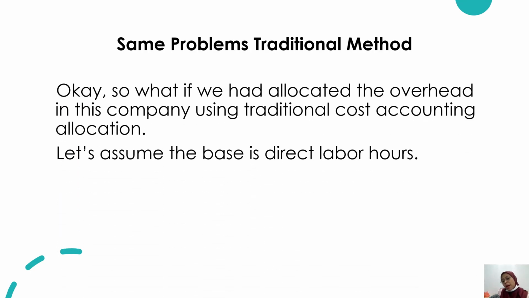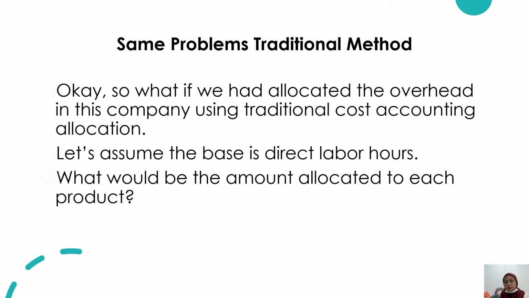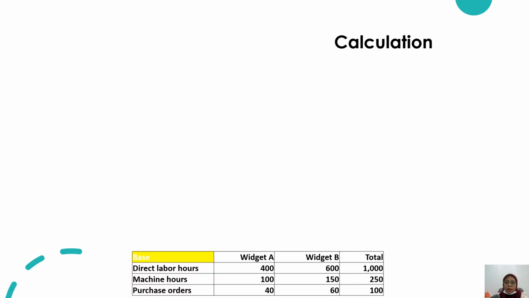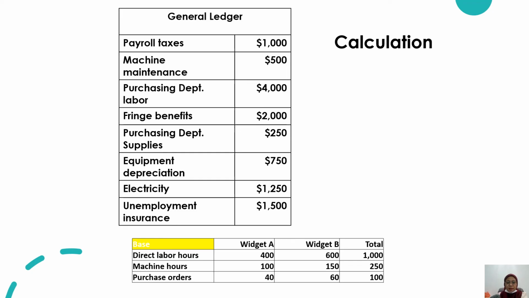Okay, why do we have to apply ABC? Because the traditional method is less accurate. Why is it less accurate? If we allocate the overhead in this company using traditional costing, we will assume traditional costing usually uses one factor only, for example direct labor hour. So what will be the amount allocated to each product? It will be like this. You see, all of these are from the general ledger.